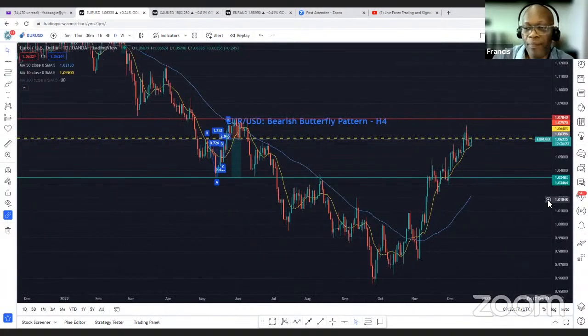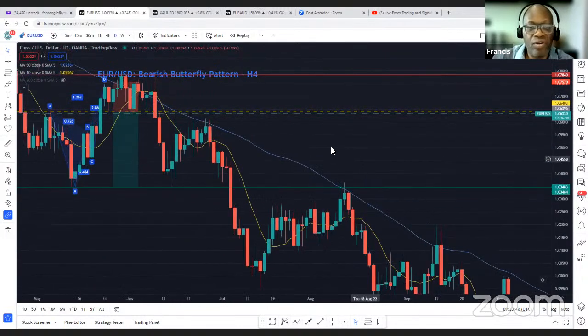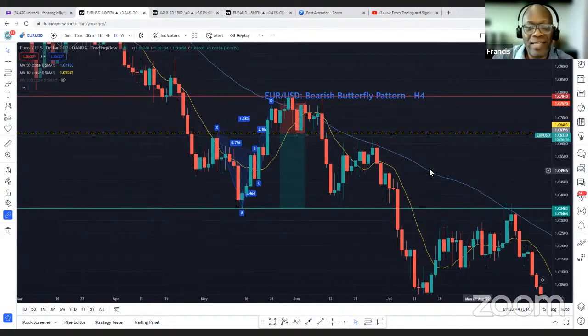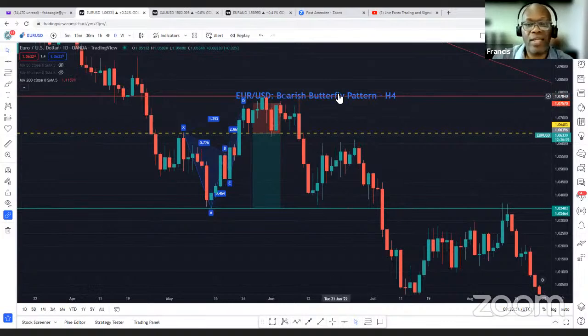Okay, so for those of you who have traded with me before, you know I trade the harmonic patterns as well. So obviously we can see here that there was a previous harmonic pattern that we traded.